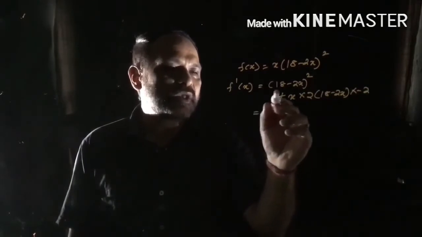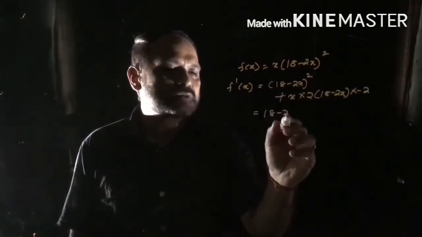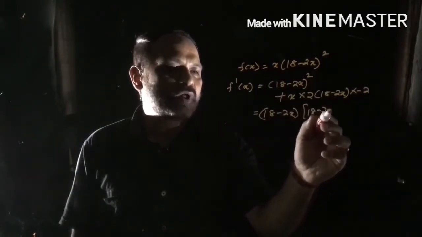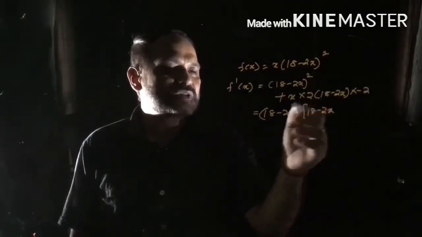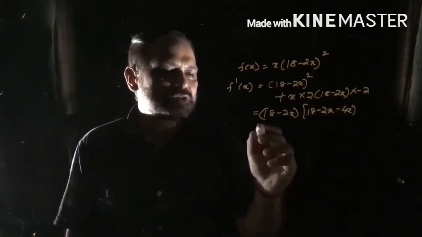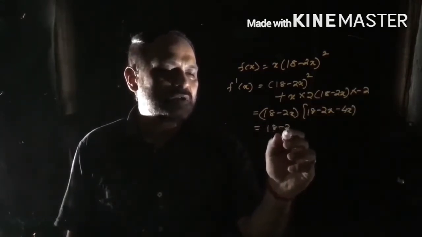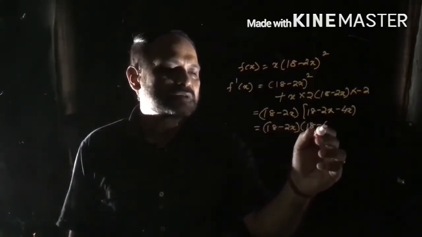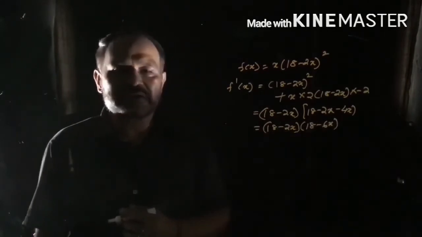Taking (18 minus 2x) common, this is equal to (18 minus 2x) into (18 minus 2x minus 4x), so f dash x is equal to (18 minus 2x) into (18 minus 6x).